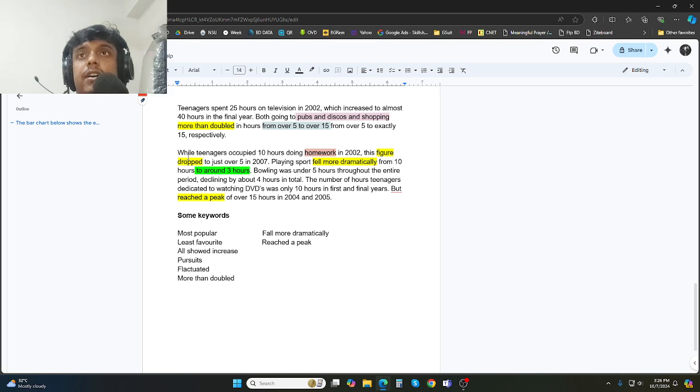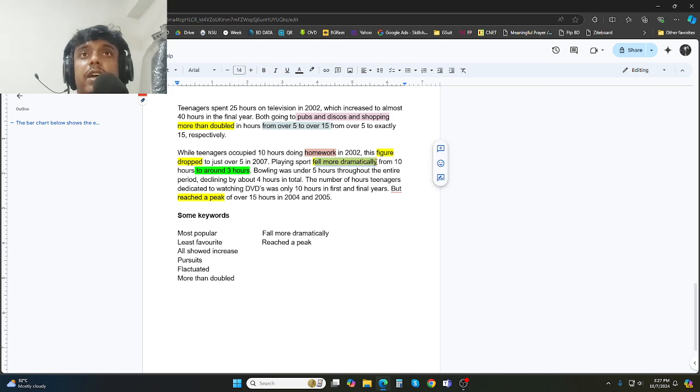And in the final paragraph, if you can see, while teenagers occupied 10 hours doing homework in 2002, this figure dropped. So over here, this is another important word to be practiced in your writing. Dropped. The figure dropped to just over 5 in 2007, and also it fell more dramatically. So fell more dramatically.